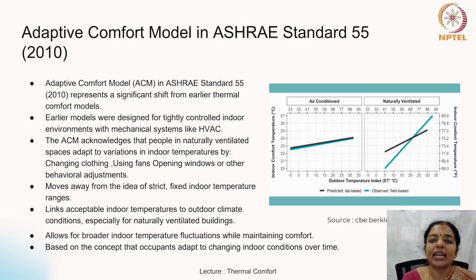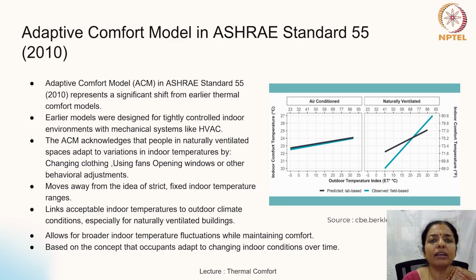This enables building designers to set higher or lower indoor temperatures based on outdoor conditions, reducing the need for energy intensive heating, ventilation and air conditioning systems, promoting the user to use natural ventilation.